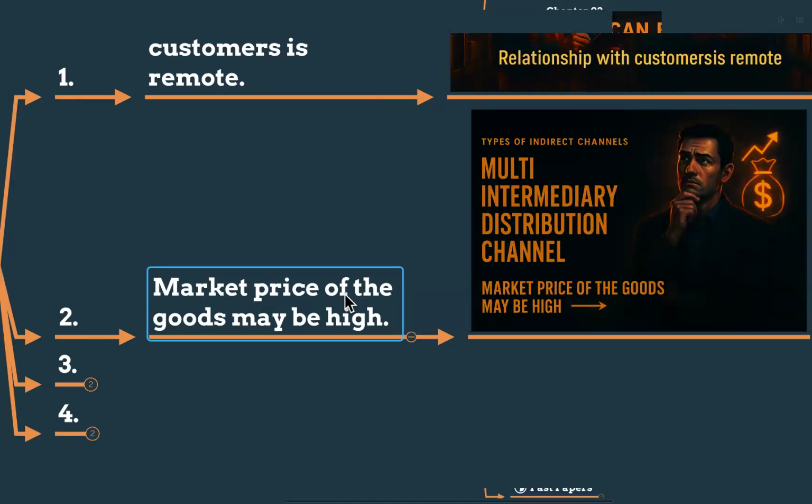For example, if you buy a shirt from the factory, it is only 500 rupees. But if you go to a retail shop and buy the same shirt, it is 2000 rupees, because that 1500 is added by multiple business people like agents, wholesalers, retailers, right? So the market price of the goods may be high.